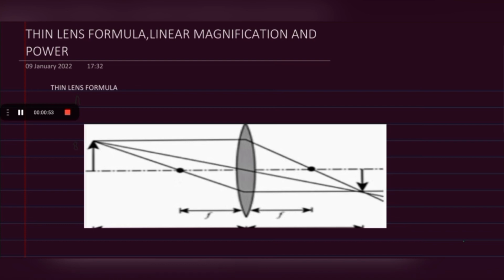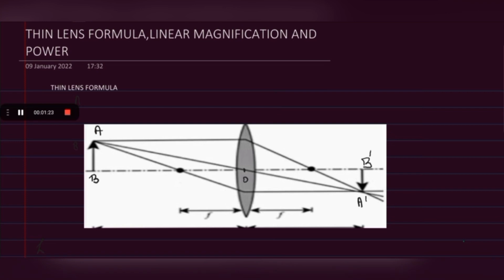So let us mark this as your object AB. Let AB be the object placed perpendicular to the principal axis, where this point is the optic center, and following the two rules, the image will be formed, and that image will be B dash A dash.